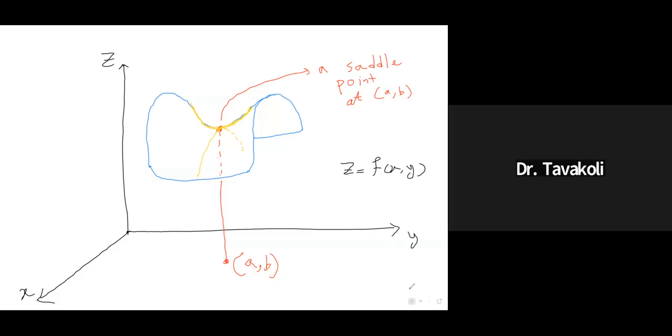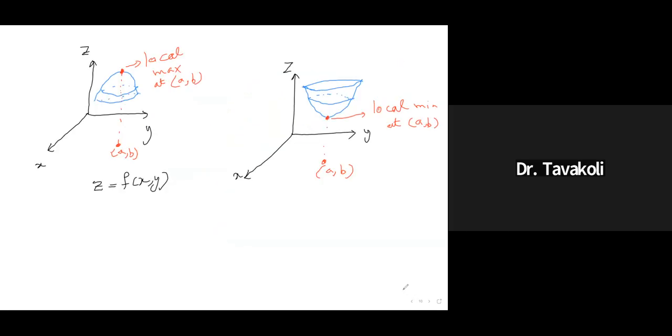For all of these to be a local max, local min, or a saddle point, it must happen at a critical point. It doesn't mean that all the critical points will be one of these. It's possible we have a critical point that is none of these cases.